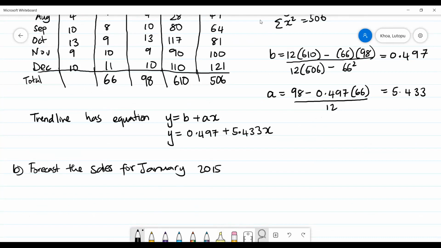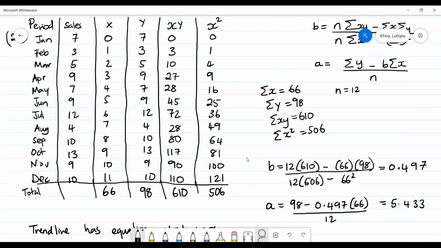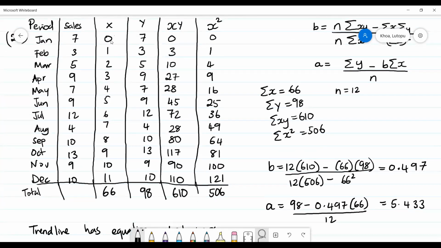So we would then use our trend line equation. If you look at our table, we started January 2014, the X value was 0, then 1, then 2, and all the way up until December. So if we continue this table, January of 2015 would have an X value of 12 because it comes right after December.